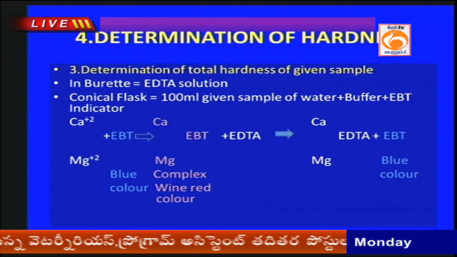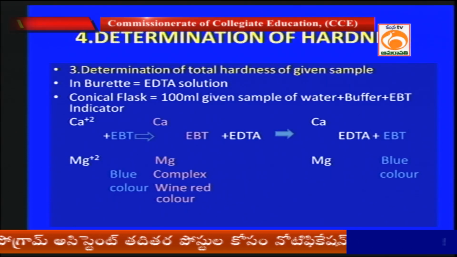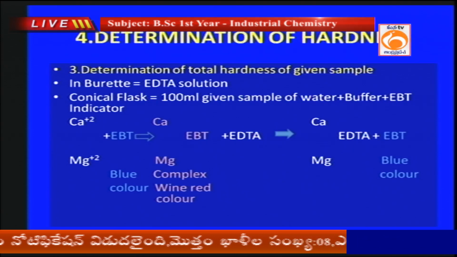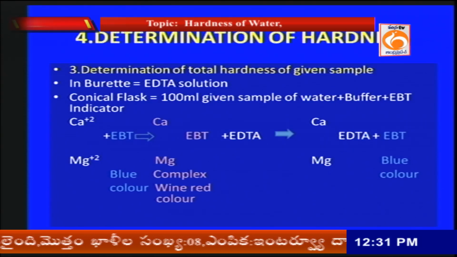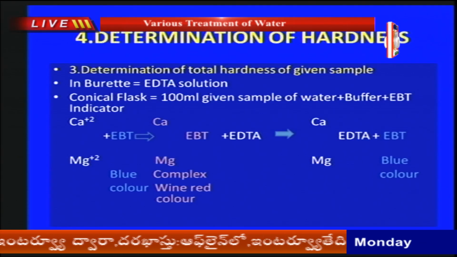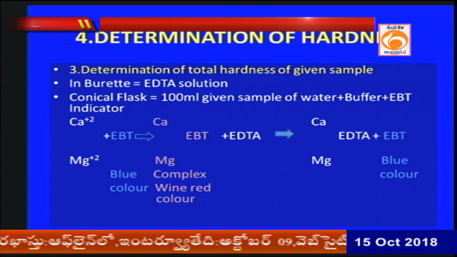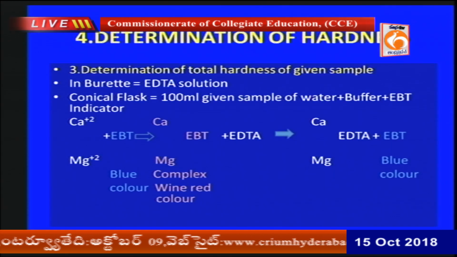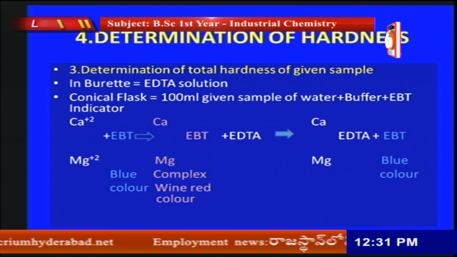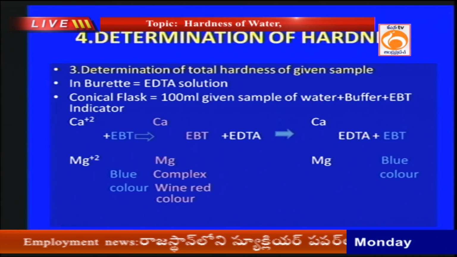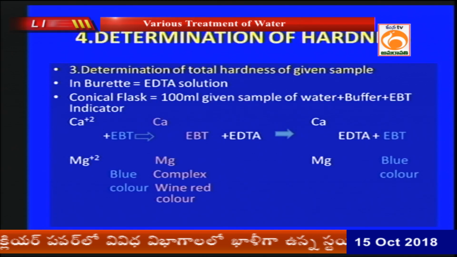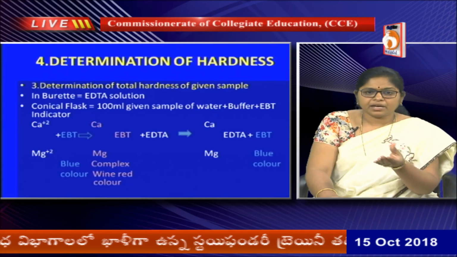In the same way, EDTA is taken in the burette, and in the conical flask 100 ml of the water sample is taken. To that, buffer solution and EBT indicator are added. Here the same principle applies: only part of the calcium and magnesium ions are complexed with the EBT, and the remaining are in the solution.